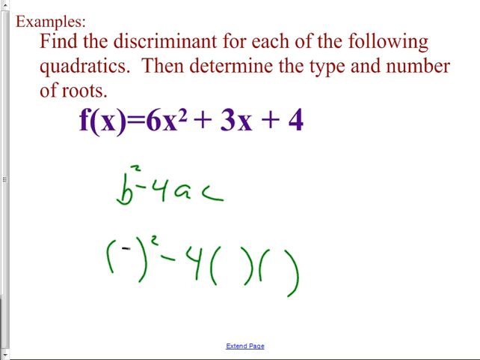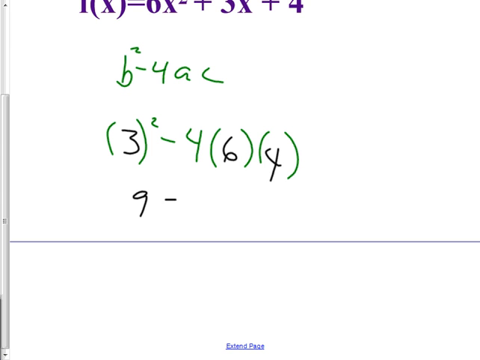So B is 9, A is 6, and C is 4, okay? So then we got 9 squared minus, that's a pain in the butt, 24 times 4. 4 times 4 is 16, 4 times 2 is 8, plus 1 is 9, 96. 81 minus 96.